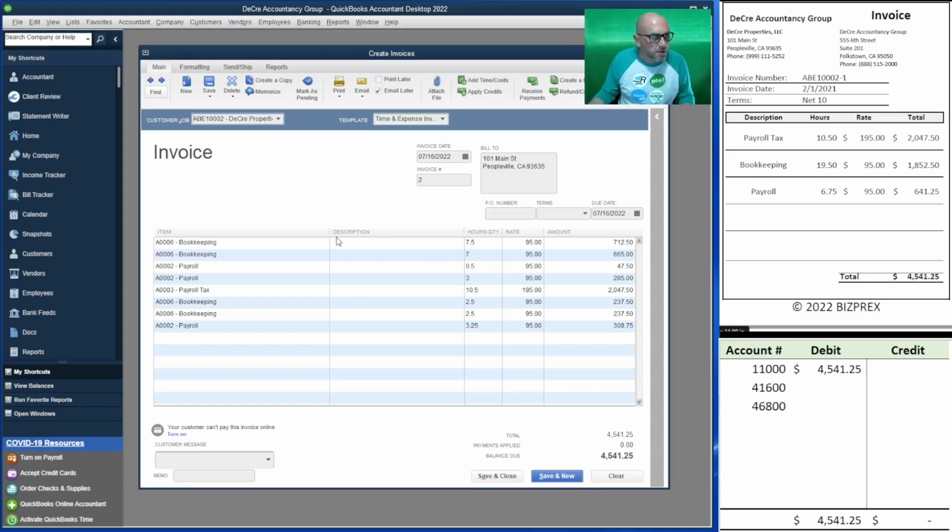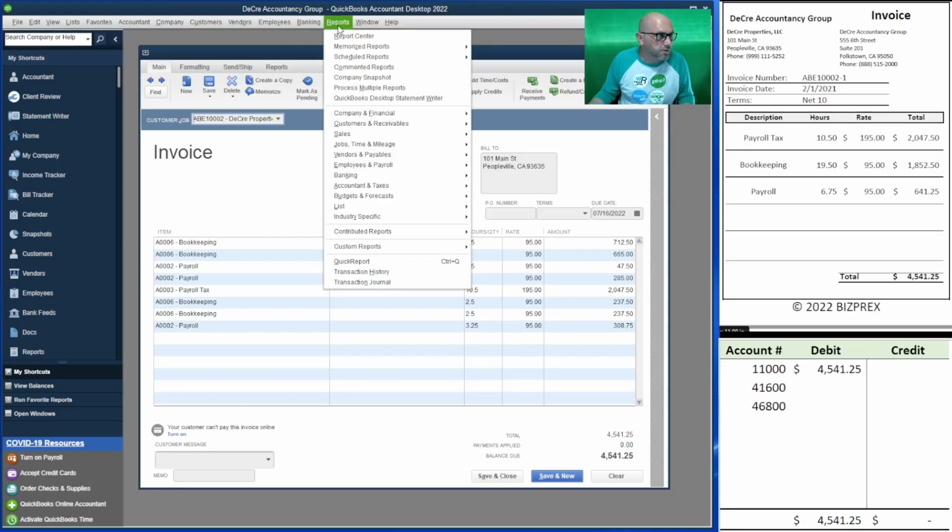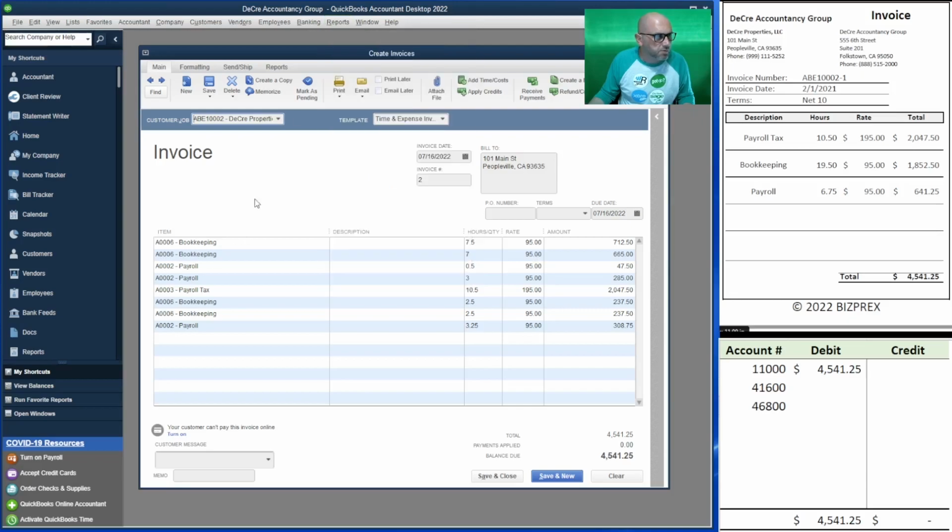Here it is. Now, you don't see actually debits and credits on this right now. And here it says email later. No, we're gonna print it. But I want to show you. Let's go ahead and make sure the date is correct, since we're doing it retroactively, and this will be our invoice number.